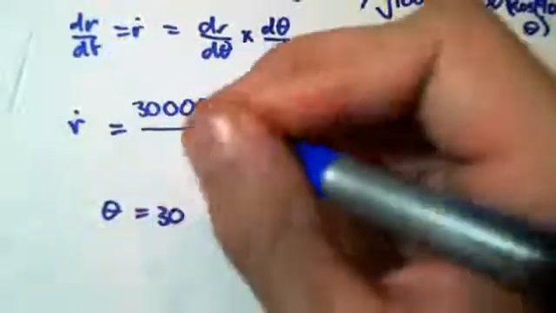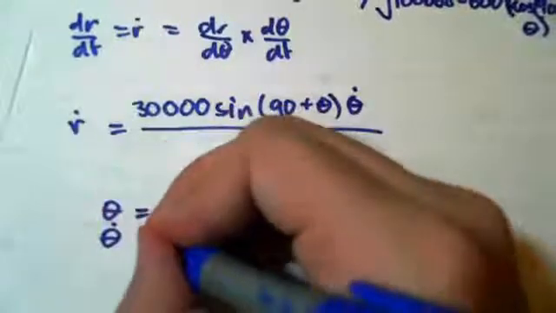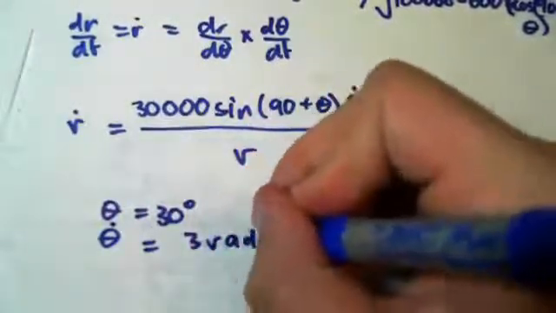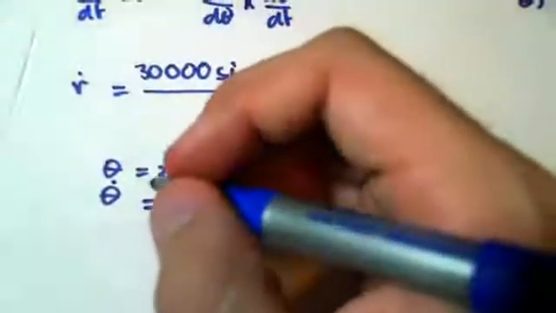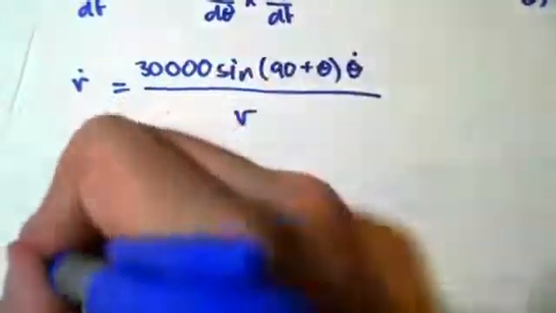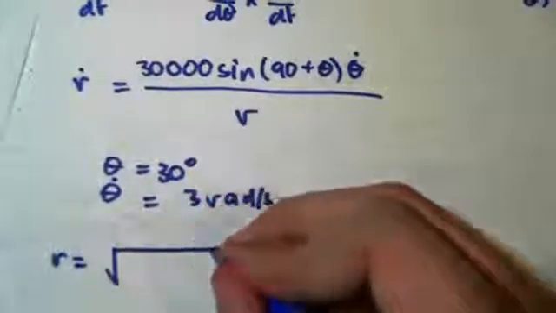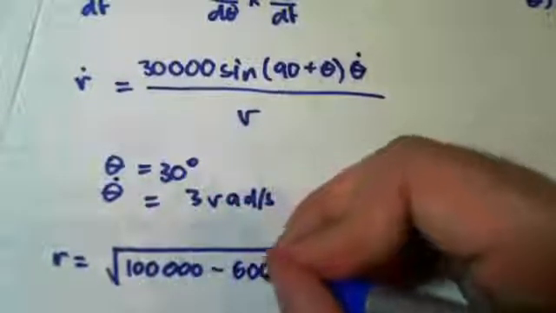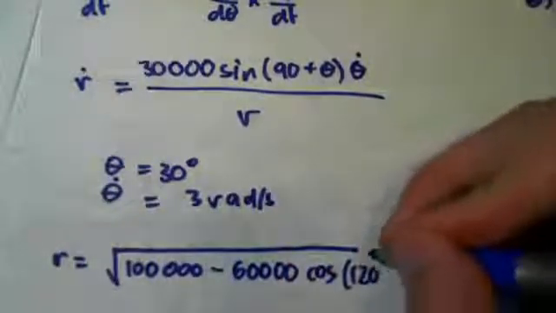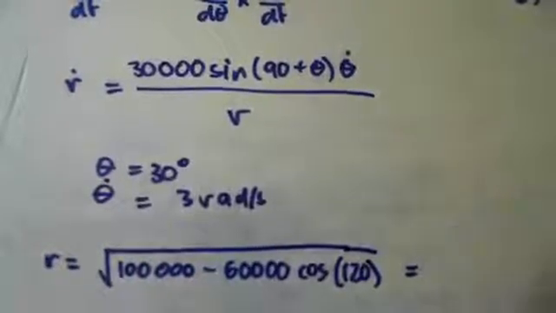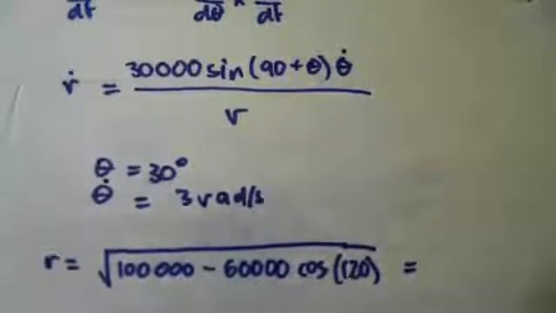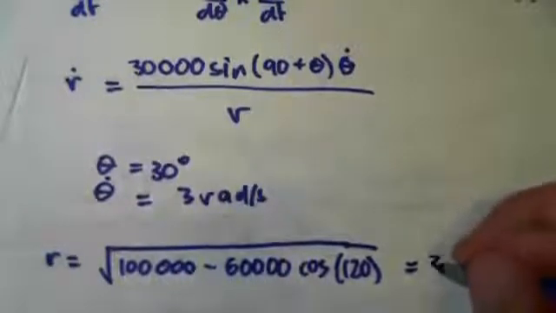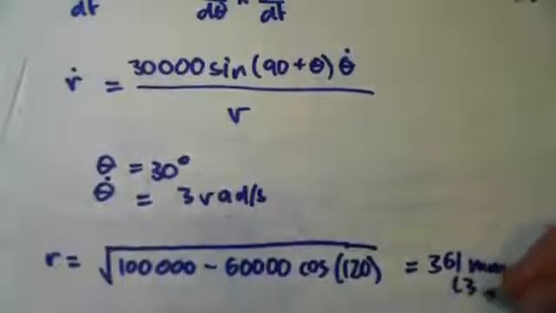So we have that r equals the square root of 100,000 minus 60,000 cosine of 120, which, let me plug that in the calculator, in terms of millimeters, is 360.555, which we'll just say is 361 millimeters, to 3 significant figures.